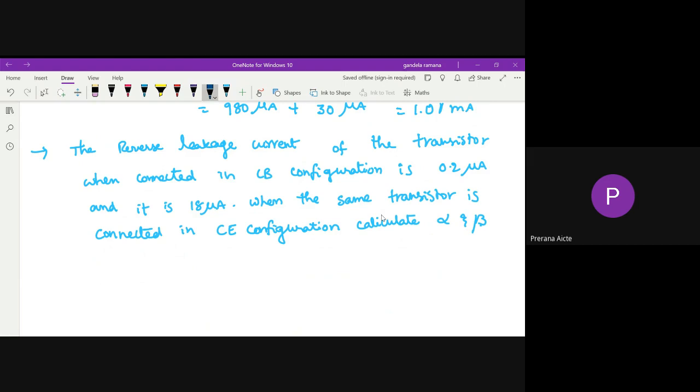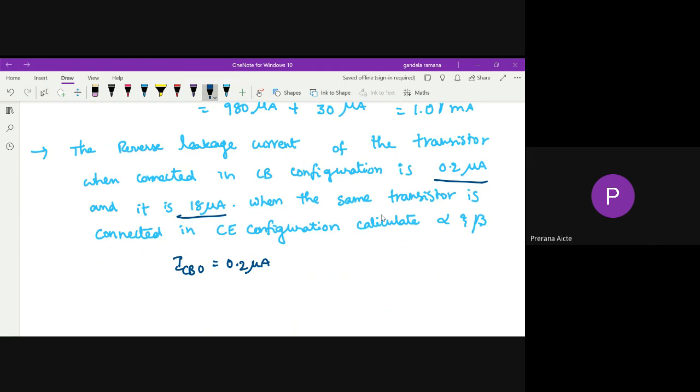What have they given? CB configuration is given. This is the reverse saturation current, so ICB naught is 0.2 microamperes. And 18 microamperes.